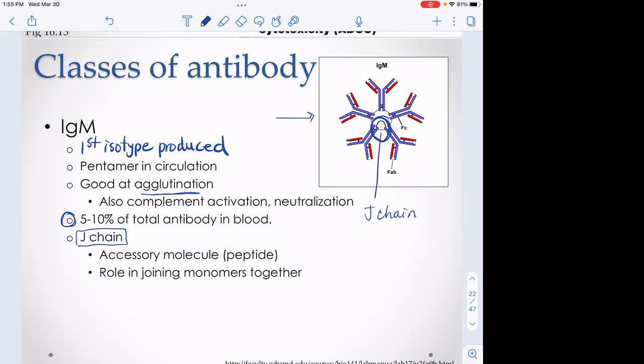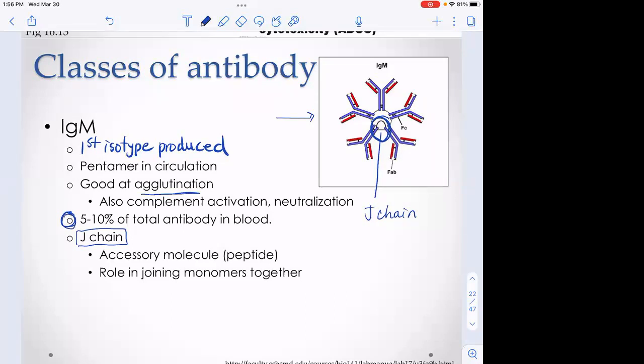We know that it has some role in binding those five IgMs together. We're not quite sure of the mechanism, but we don't find it when antibodies are not bound to other antibodies. I said there's actually not a lot of IgM in the bloodstream.